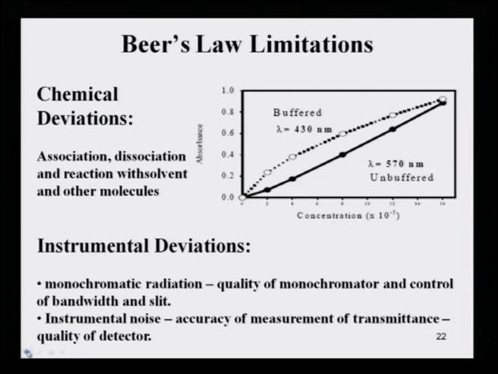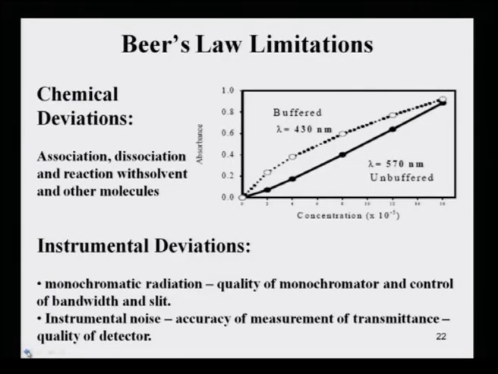Why? Because Beer-Lambert's law is not holding good. So, one has to keep in mind, first, solutions should be very dilute, so they are fairly apart, and there should be no association, no dissociation, or reaction with any kind of solvents or other molecules when the analysis is being carried out.